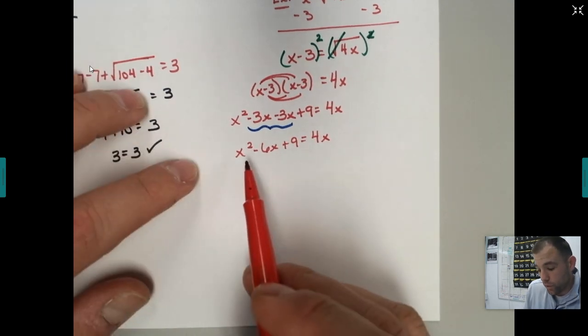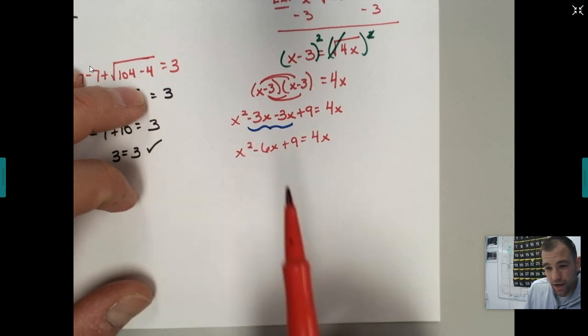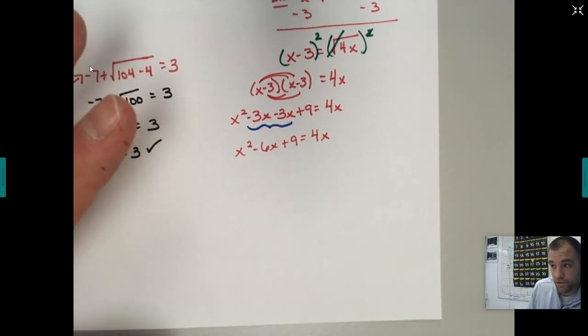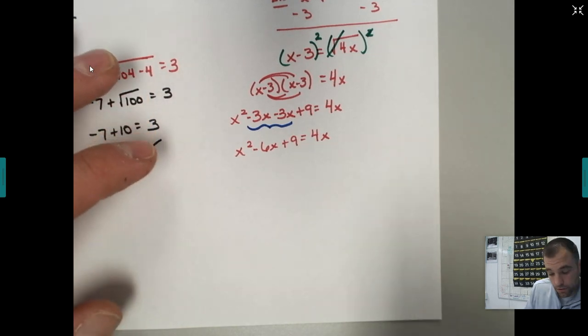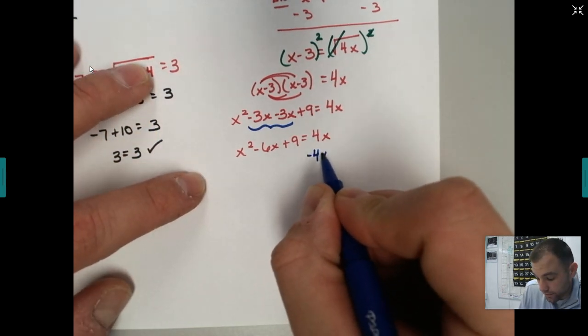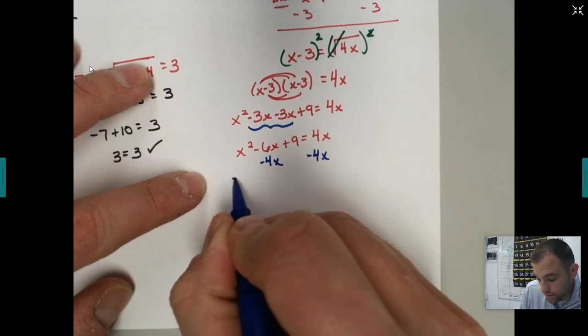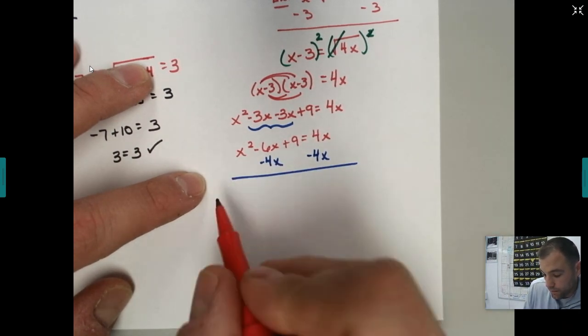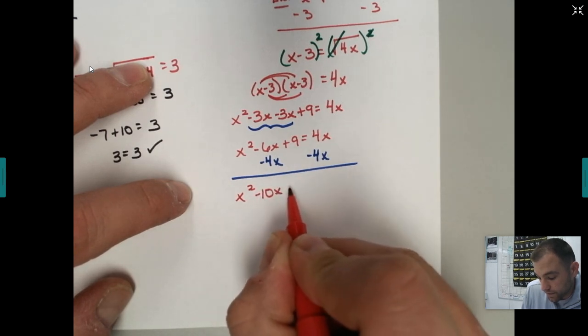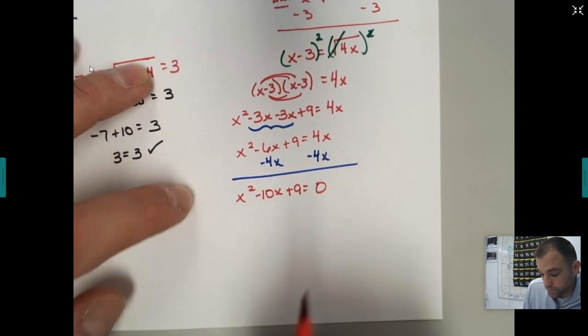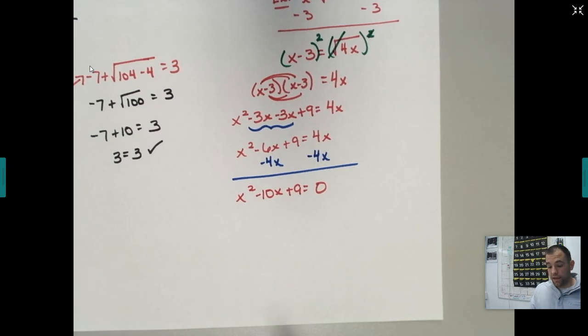So whenever there's an exponent, I always try to factor first. But in order to factor, it has to equal 0. This one doesn't equal 0 yet. So I'm going to subtract the 4x from both sides first. So x squared, negative 6 minus 4 is negative 10x, plus 9 equals 0. Now that it equals 0, I can try and factor it.